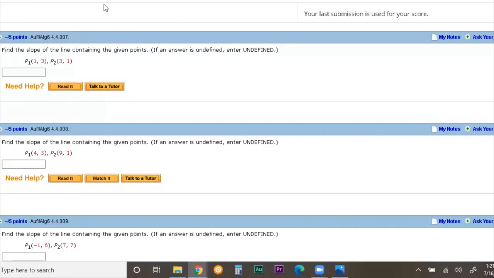So the slope formula is m equals y2 minus y1 over x2 minus x1.